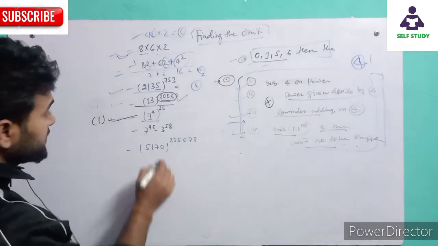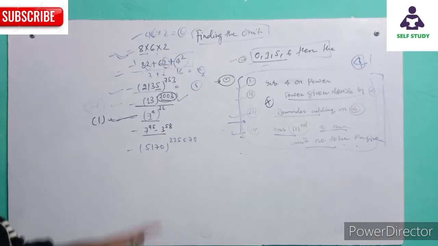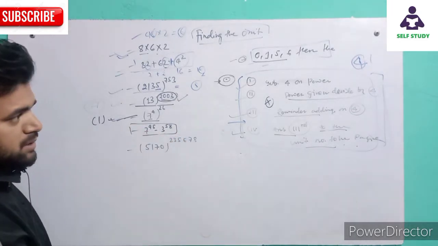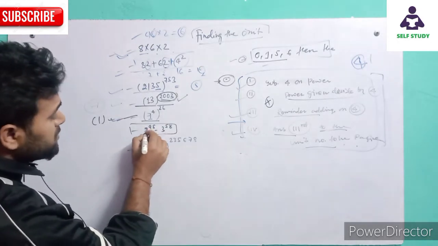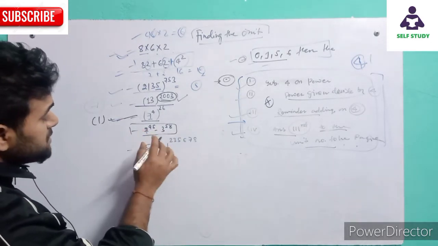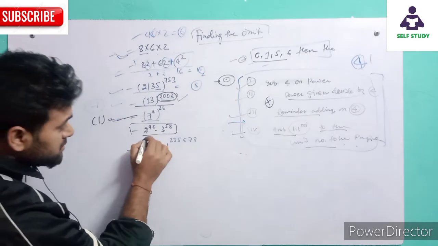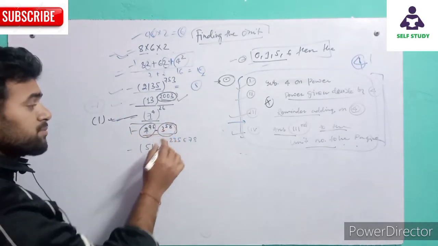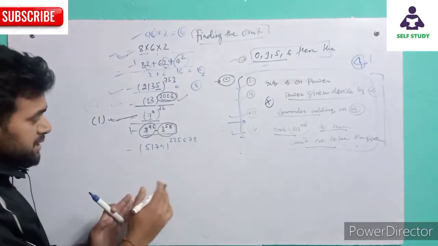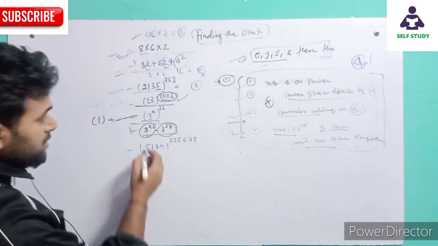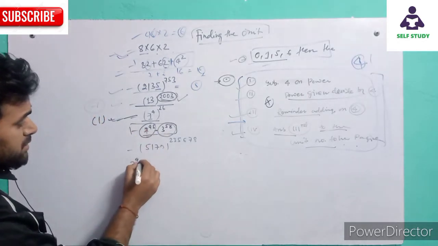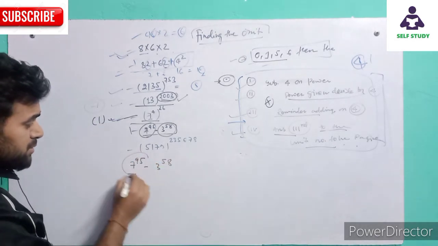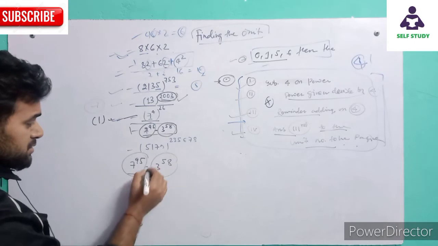Okay, got it? And the next question is another type of question. It is not very complex, it is also very easy, but here we will first solve this and solve this, and then we have to subtract the unit places. We will find 7 to the power 95 minus 3 to the power 5 separately: first find the unit digit of the first, then of the second, then subtract.